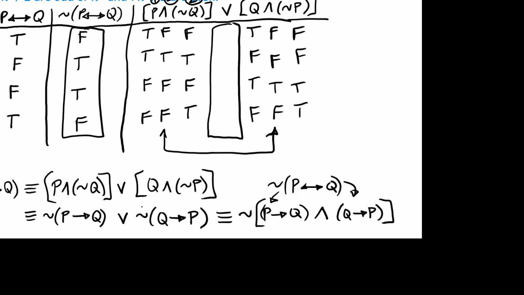False or false is false, true or false is true, false or true is true, false or false is false. Notice our two boxed columns are identical, which means that the two statements are equivalent.